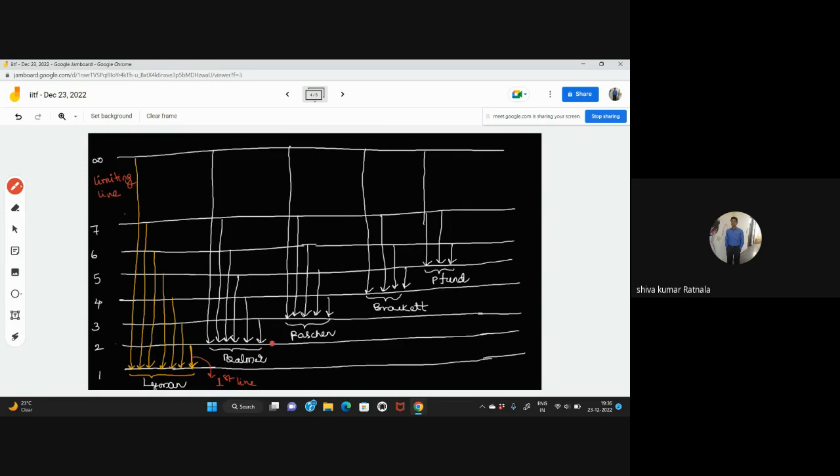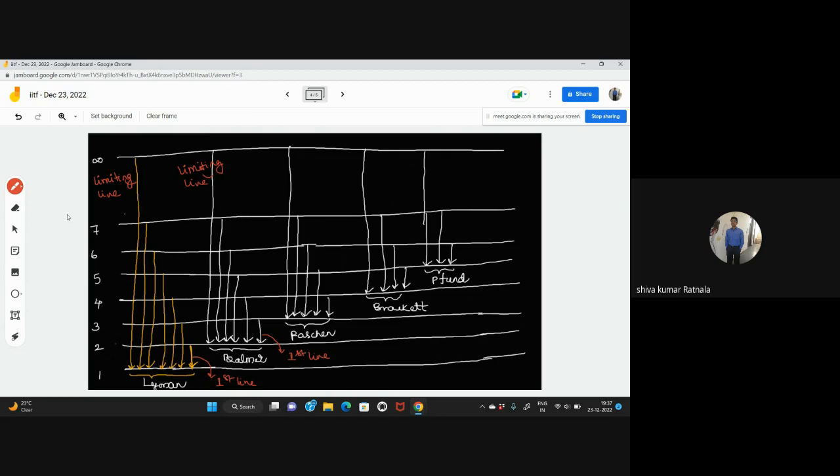Even in Balmer series, what is the first line? 3 to 2, right? And the infinite line will be the limiting line, infinite to 2.